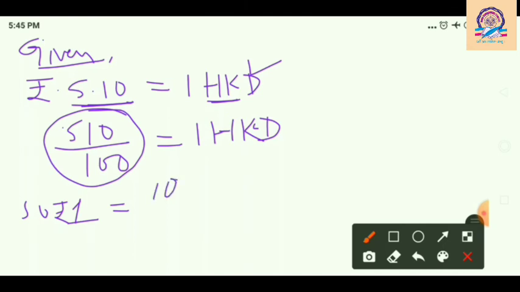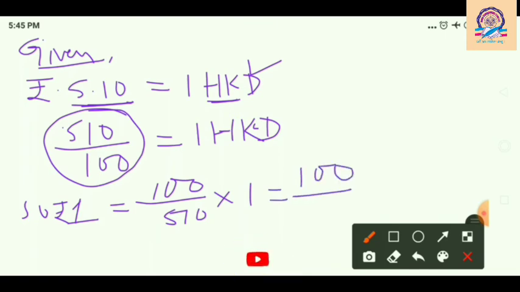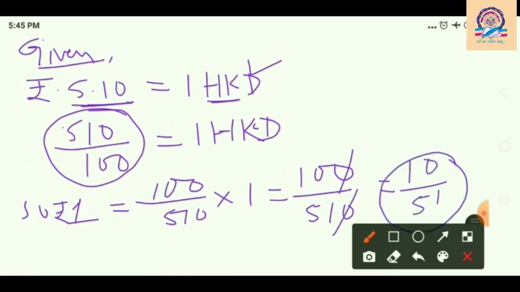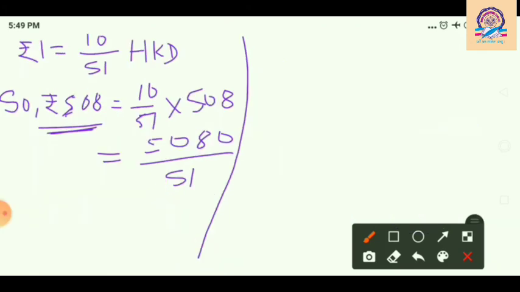So it will be 100 upon 510 multiplied by 1, and it will be 100 upon 510. So 0 you can cancel, so you will get 10 upon 51. So this is the Hong Kong dollar for 1 Indian rupee. Now after solving it, we will get 5080 upon 51. So now we have to divide this number, means 5080 divided by 51. Let's see how much we are getting.